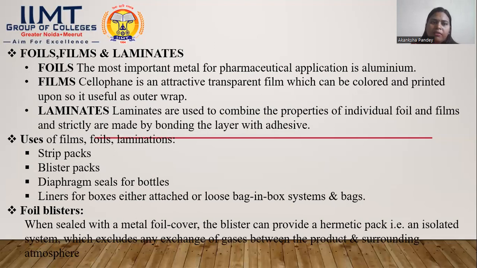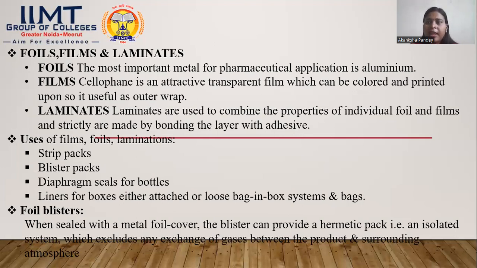Uses of film and laminates: these are used in strip packs, blister packs, and cleaners for the box, either attached or loose, in the pack-in-box system. Foil blister: when sealed with the metal foil cover, the blister can provide a hermetic pack, an isolated system which excludes any exchange of gases between the product and the surroundings. What are foil blisters?